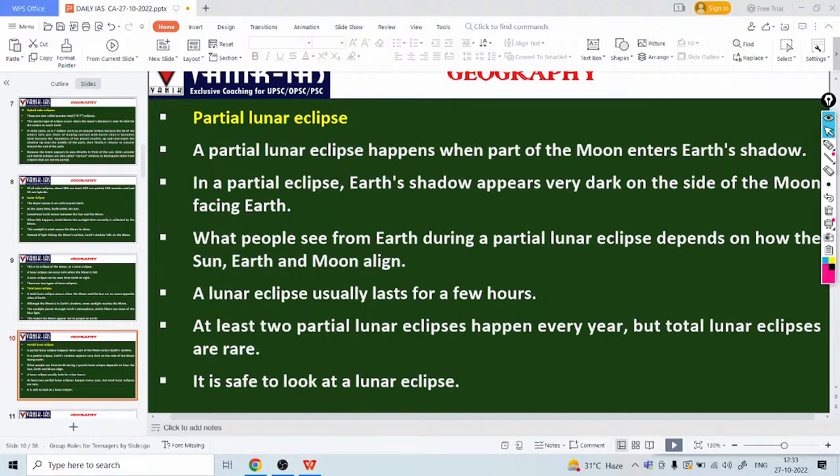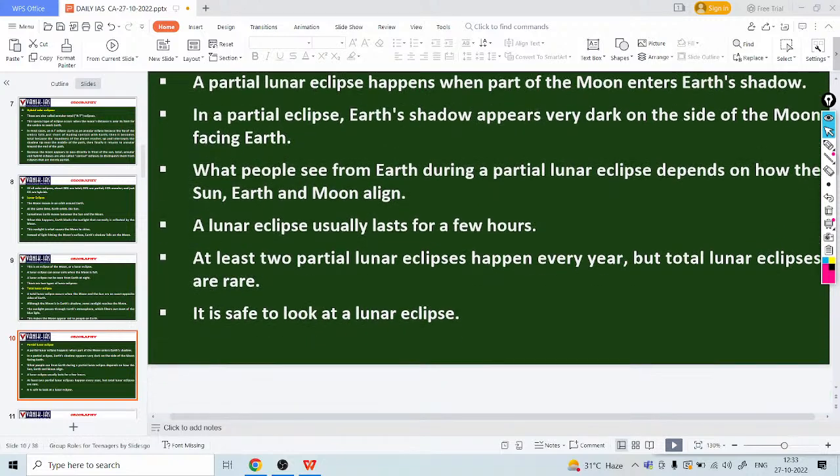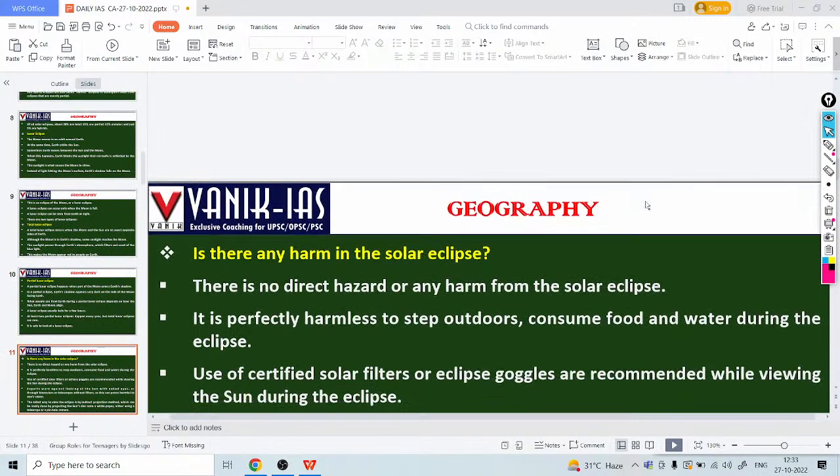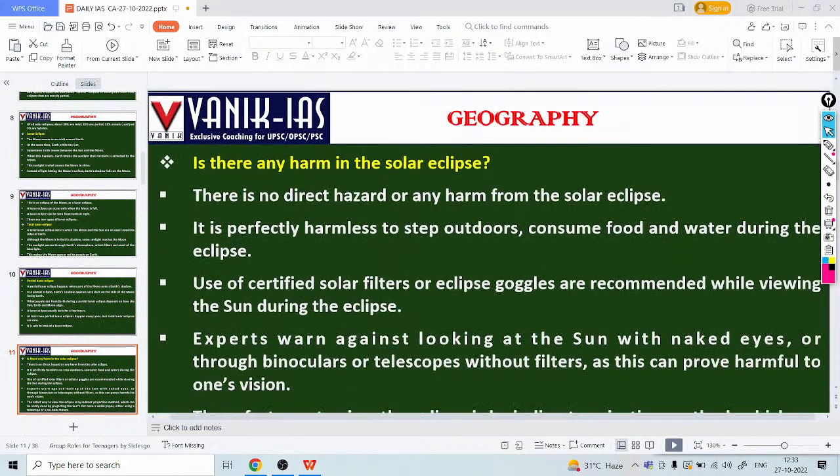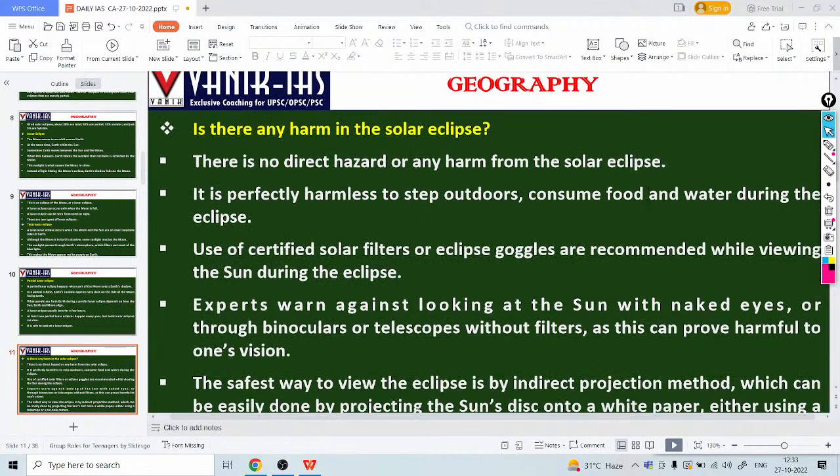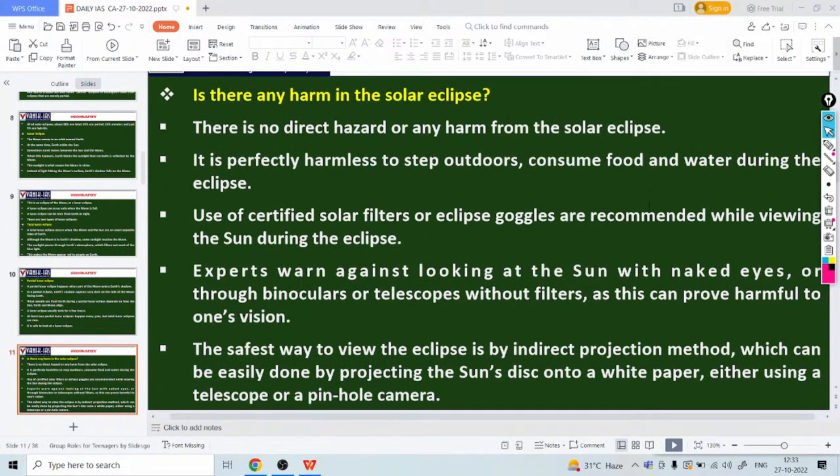It is safe to look at a lunar eclipse but not a solar eclipse. Solar eclipse is dangerous for the eye. If you look with the naked eye, the solar eclipse is dangerous, but one can see the lunar eclipse. Is there any harm in the solar eclipse? There is no direct hazard or any harm from the solar eclipse.